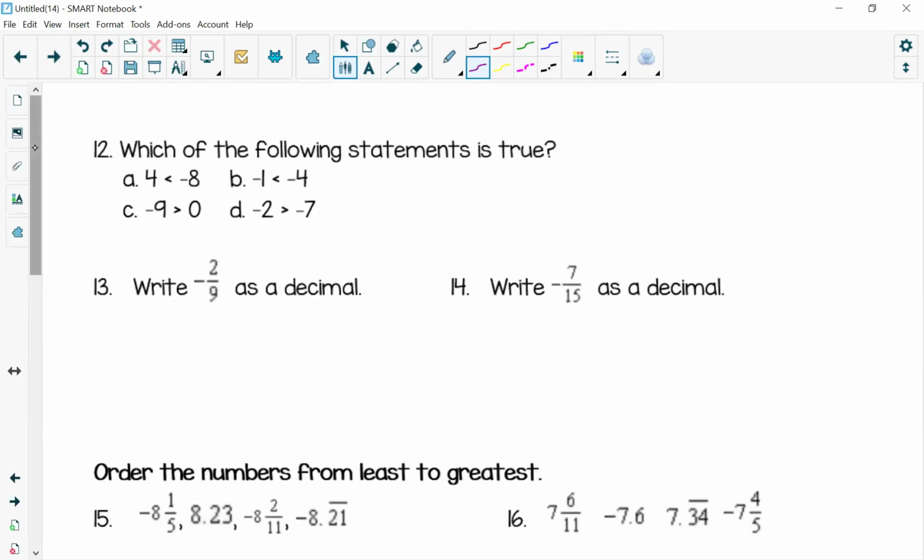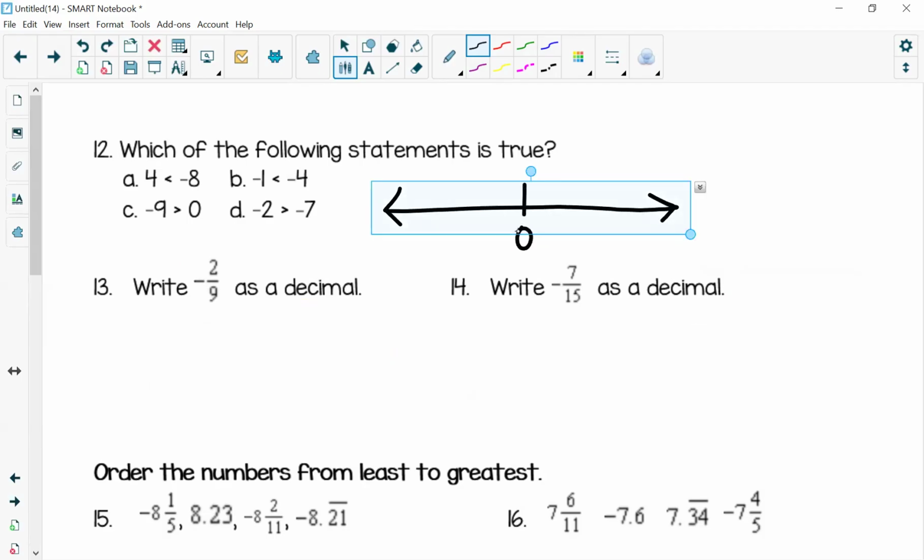All right, so now we're coming up here and it says, which of the following statements is true? So if I have a number line, we have some positive and negatives there. Well, 4 is less than, so this is my negative, this would be my positive.